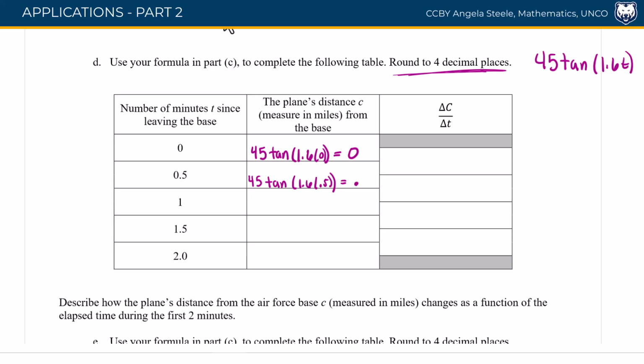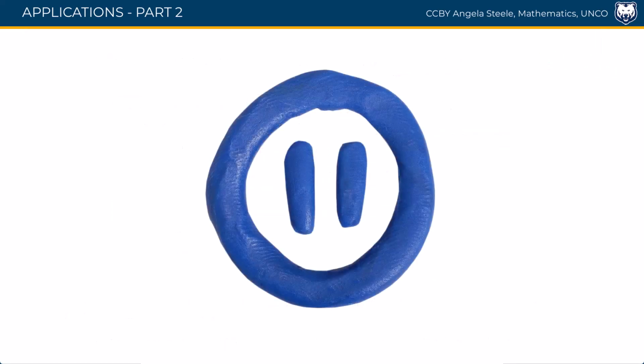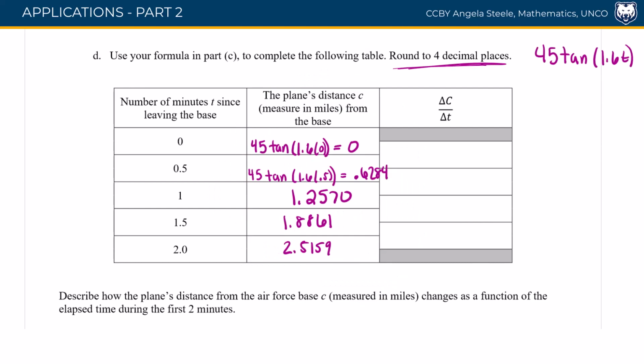And we're going to get a value of 0.6284. Okay, so go ahead and pause the video and fill in that same column for the minutes 1, 1.5, and 2.0. Okay, go ahead and check your solutions.